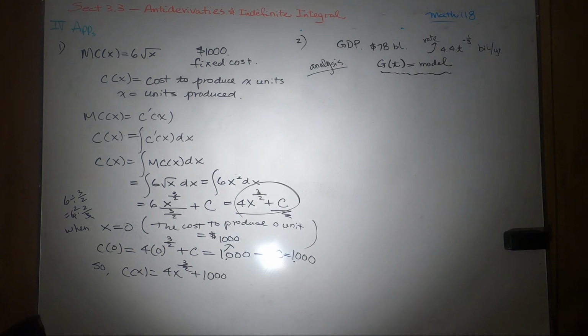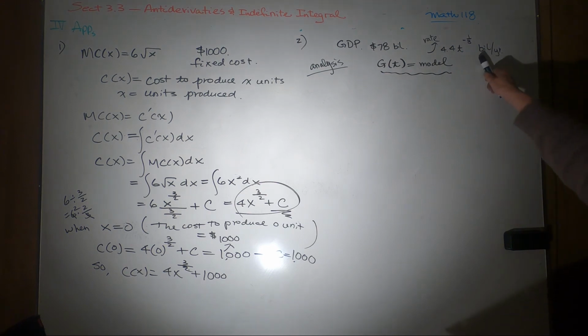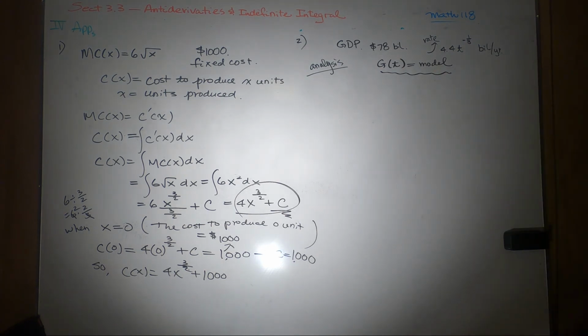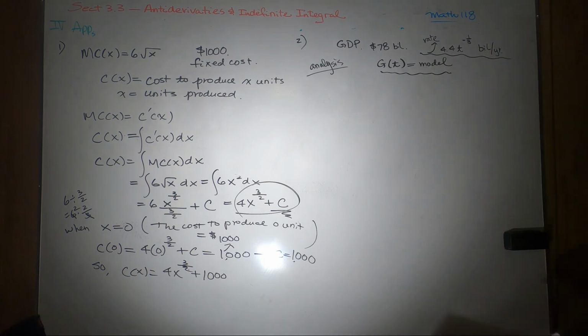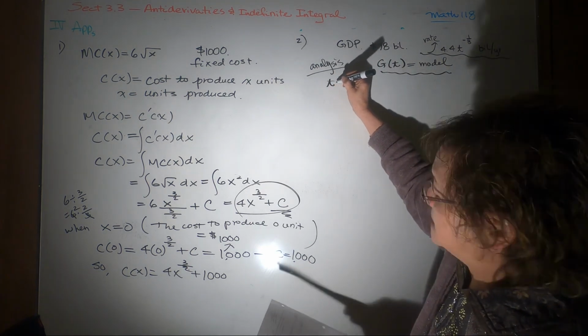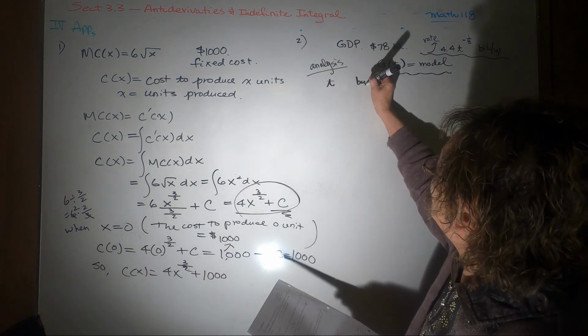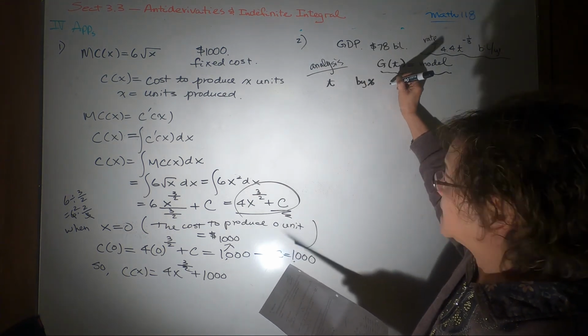All is from GDP. And at the same time, they did a study saying that's the growing rate. It may not be accurate, but at the moment, that's what it is, right? So let's go from here because we know that's the growing rate. T is the year, and it is by percentage.